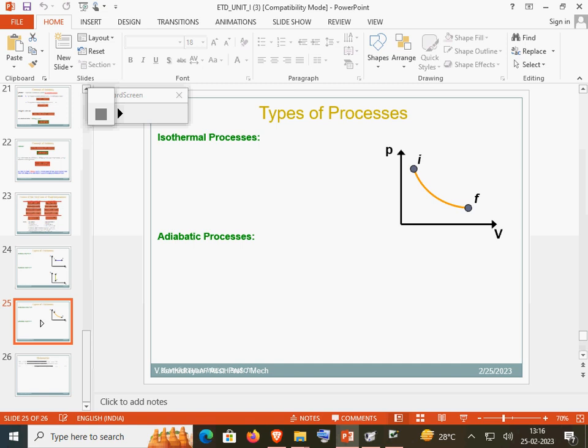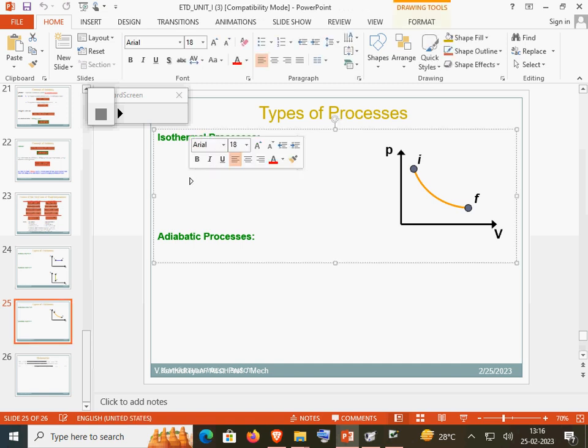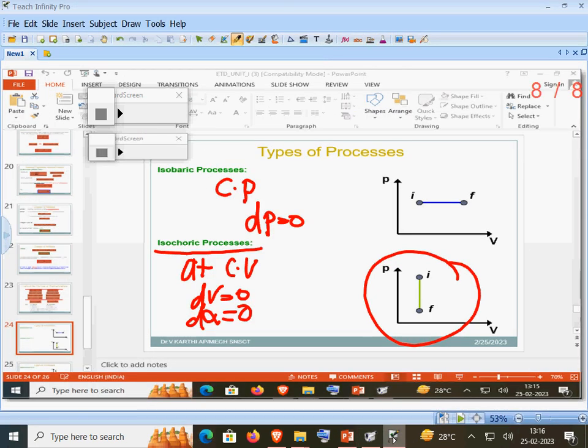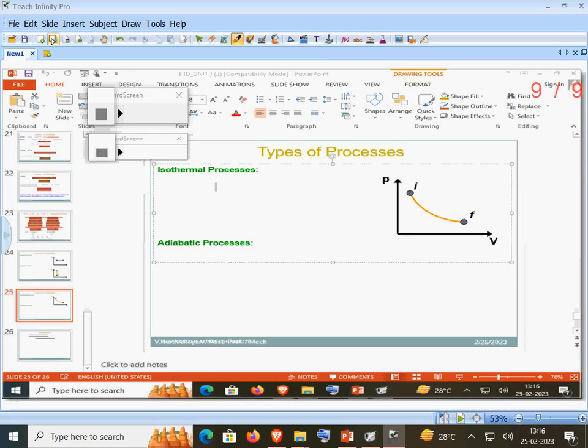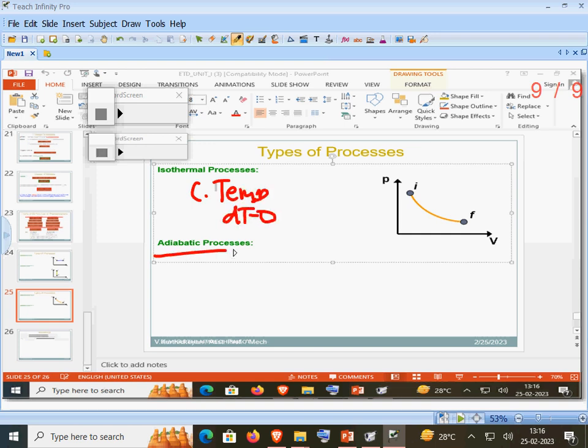Isothermal process: transformation at a constant temperature, dT equals 0. Adiabatic process: the transformation without exchange of heat between the environment and system, dq equals 0.